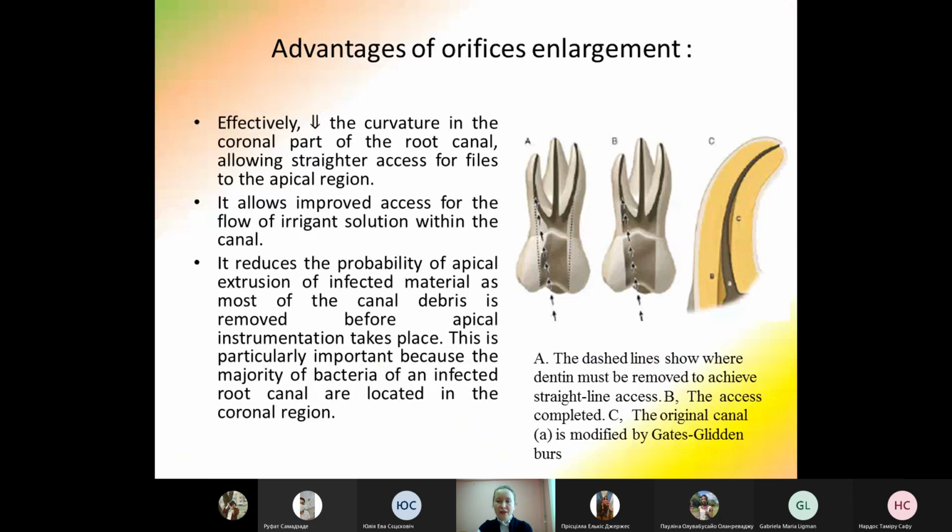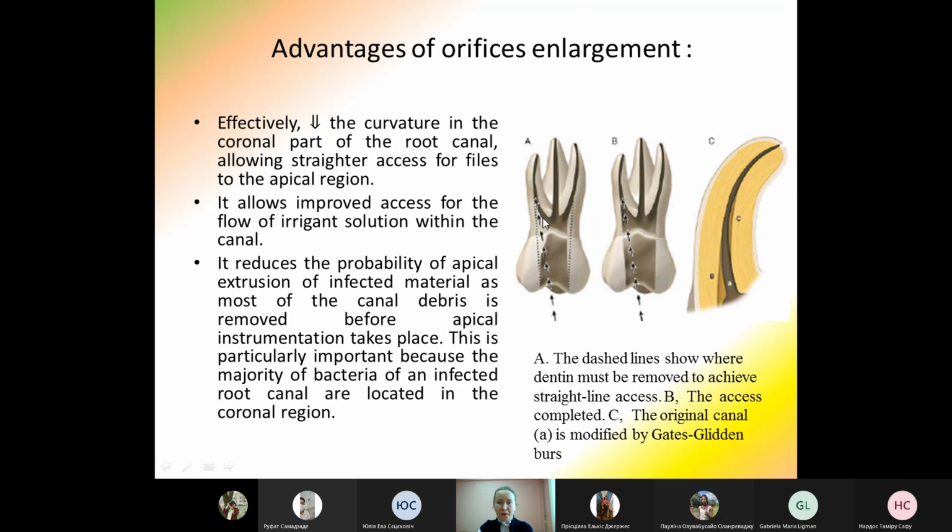Advantages of orifice enlargement: it effectively decreases the curvature in the coronal part of the root canal, allowing straighter access for files to the apical region, like on this diagram with dashed lines, which shows how the dentine should be cut.